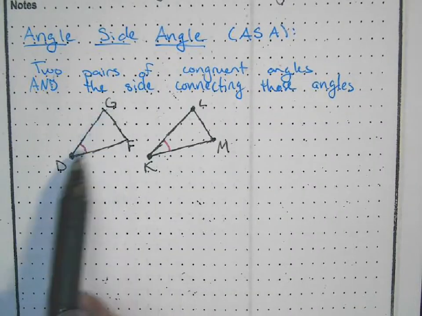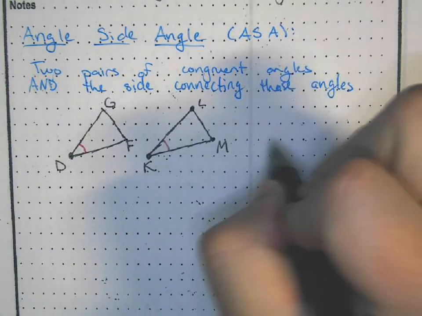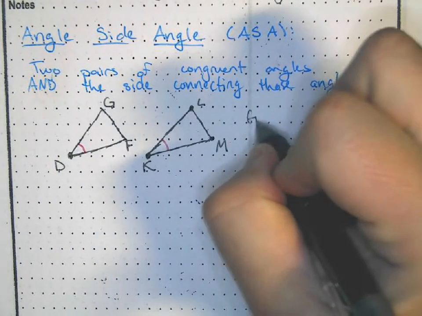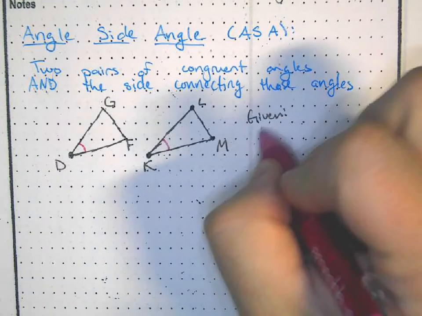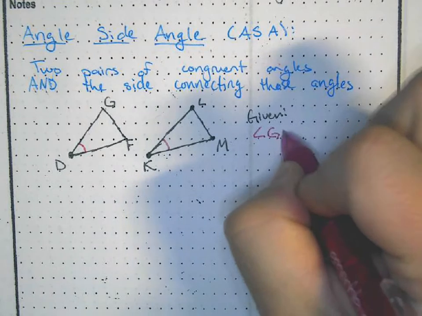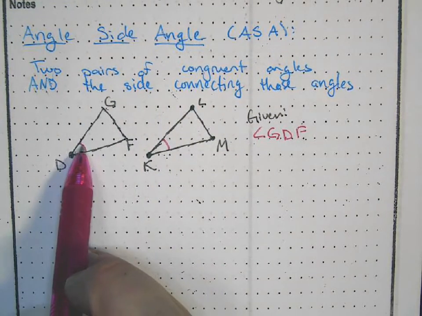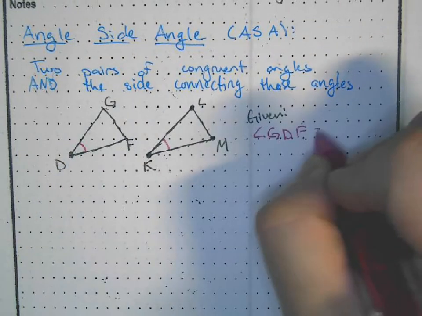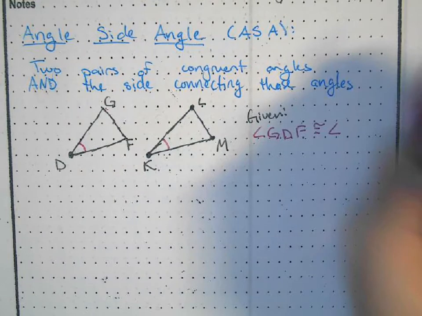So if I have angle GDF is congruent to angle LKM, angle GDF, that's this angle right here, is congruent to angle LKM.